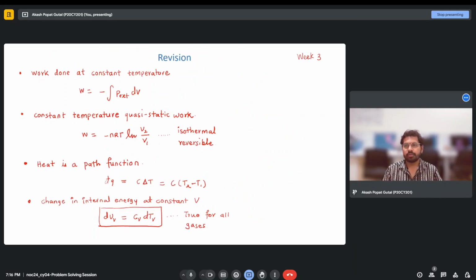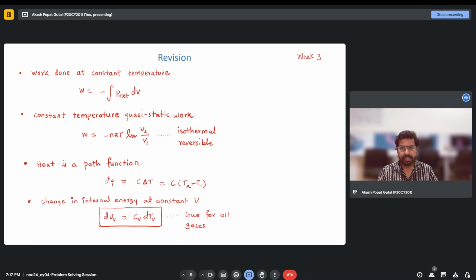In week 3, we introduced the work done at constant temperature. What is the concept of work done in classical thermodynamics? We know that it's just the work done by the gas against the external pressure. And this we defined as W is equal to minus P external into dV.